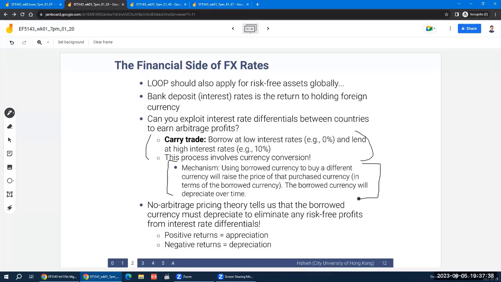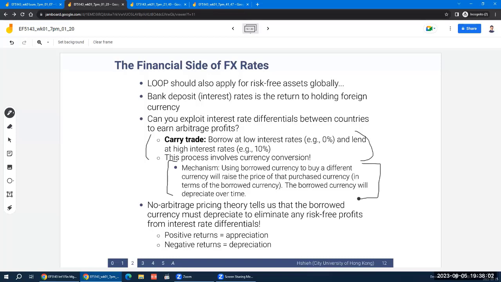So it's going to become more and more expensive to implement this trading strategy because the currency I want to invest or lend out in is getting more expensive. So the interest rate differentials that I make after currency conversion could be zeroed out. Don't think too much about it because I'll give you the math next week, okay? But that's just something to think about.